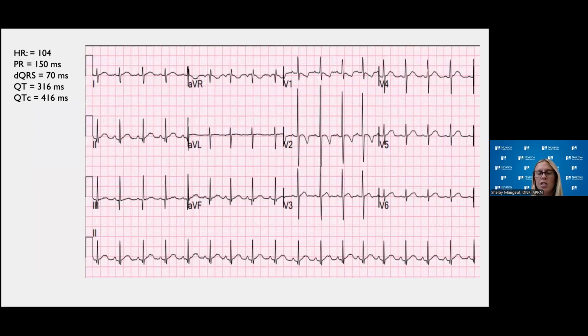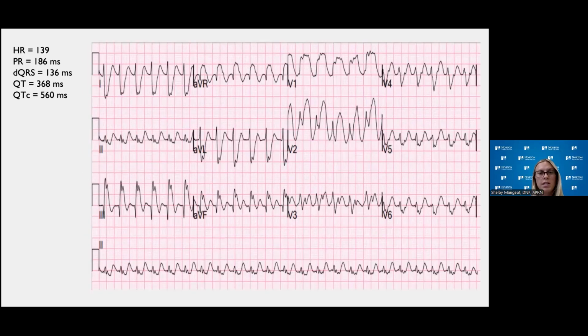So this patient is on flecainide for SVT, and you can see here they have nice narrow QRS complexes. All the intervals are relatively normal for this patient's age. But unfortunately, this patient took 10 times the amount of flecainide for 3 days and developed flecainide toxicity.